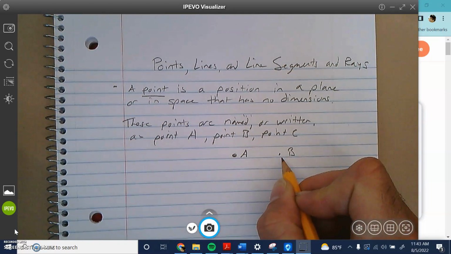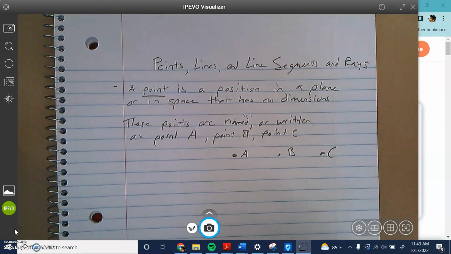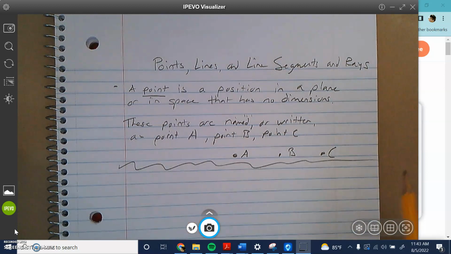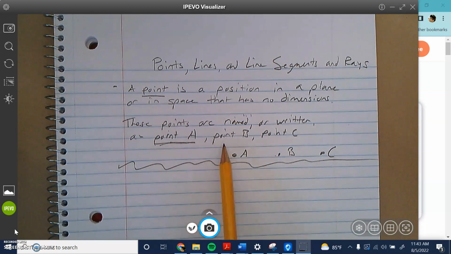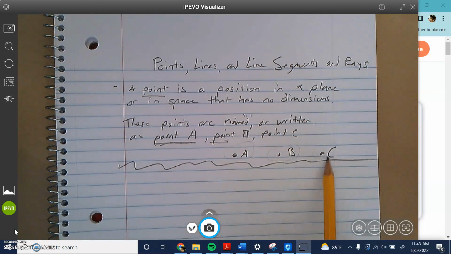Point B, point C, like that. So that is the first one. Point: position in space. It is written like this, and it looks like this.